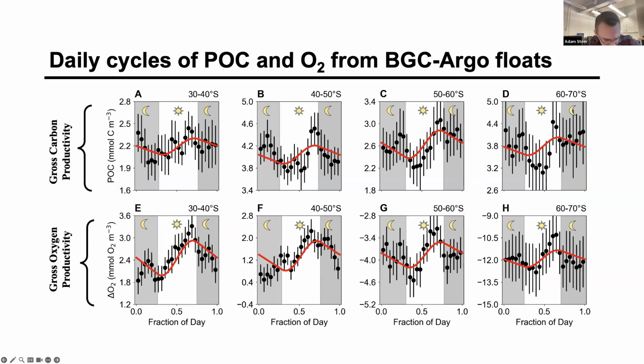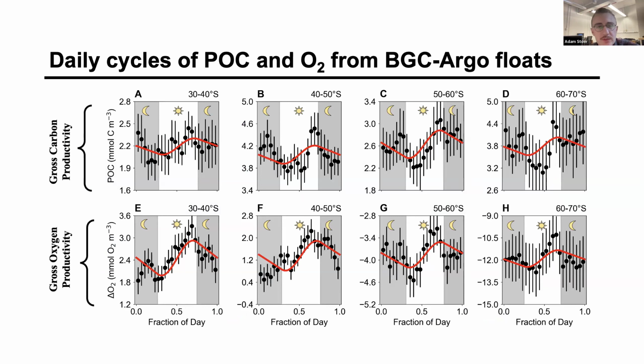So just in this show here, we have daily cycles at 5 meters depth, and you can see that carbon estimated from the particle backscattering sensor at the top row increases during the day alongside oxygen, and then it declines at night when there's the lack of sunlight and respiration is dominating.